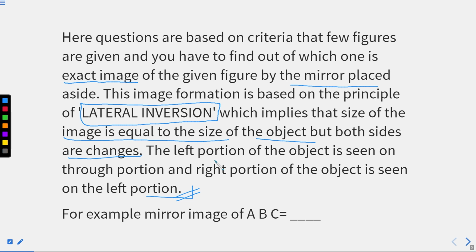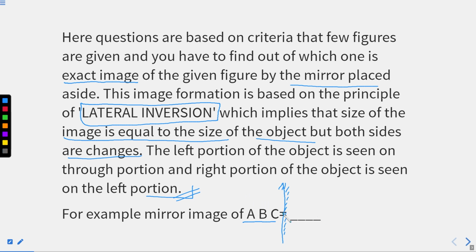Now if I take an example in front of you, what is the mirror image of the alphabets A, B, C? Let's suppose a mirror is placed here. What is the mirror image that you will obtain? Just draw this mirror image here. Try it by yourself, and I will draw the rest for you.